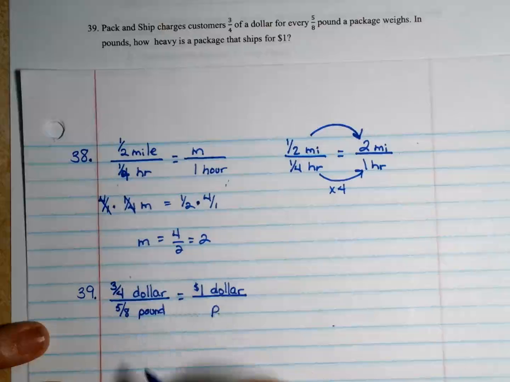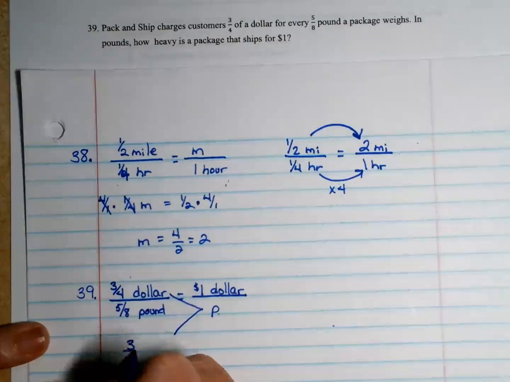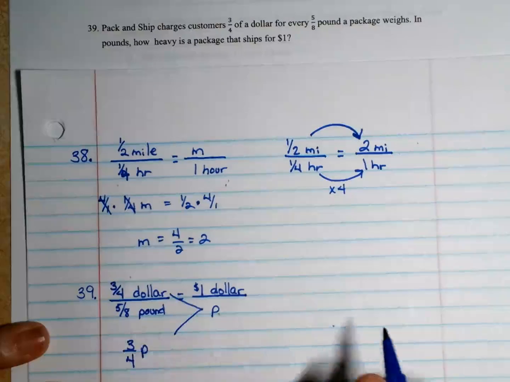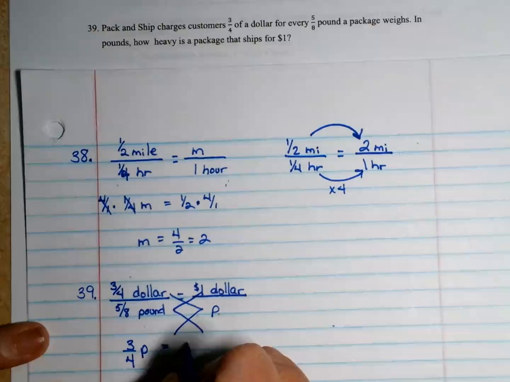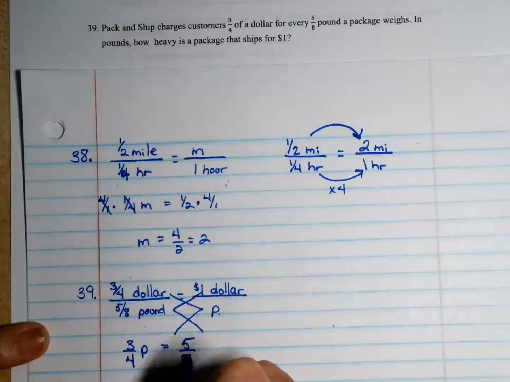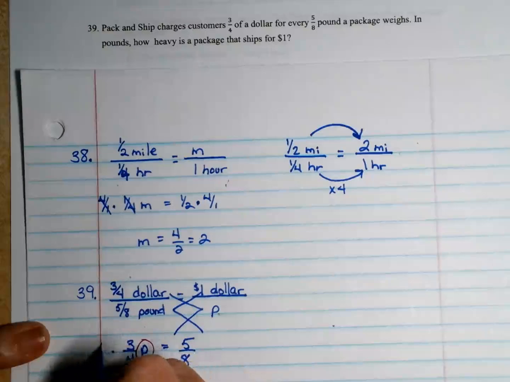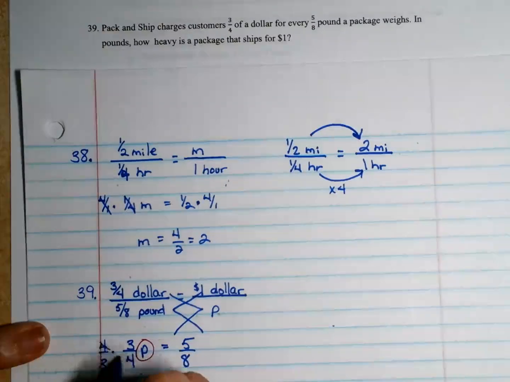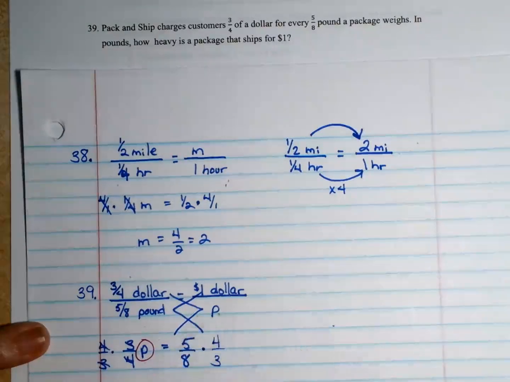Okay, so that's another one where I'm going to cross multiply. So I have 3/4 P equals 1 times 5/8, which is 5/8. And then I have to get that P by itself, which means I have to multiply this by its reciprocal, 4/3. And those cancel. If I multiply this side by 4/3, I have to multiply this side by 4/3.